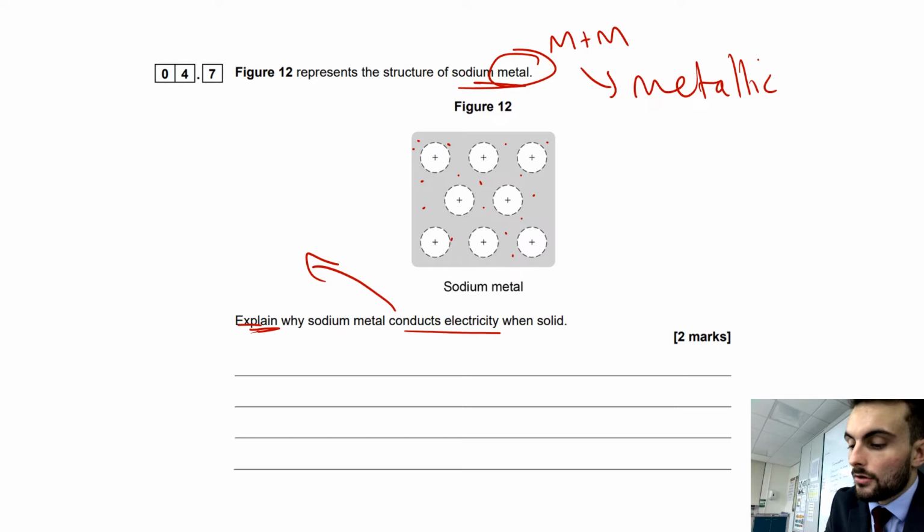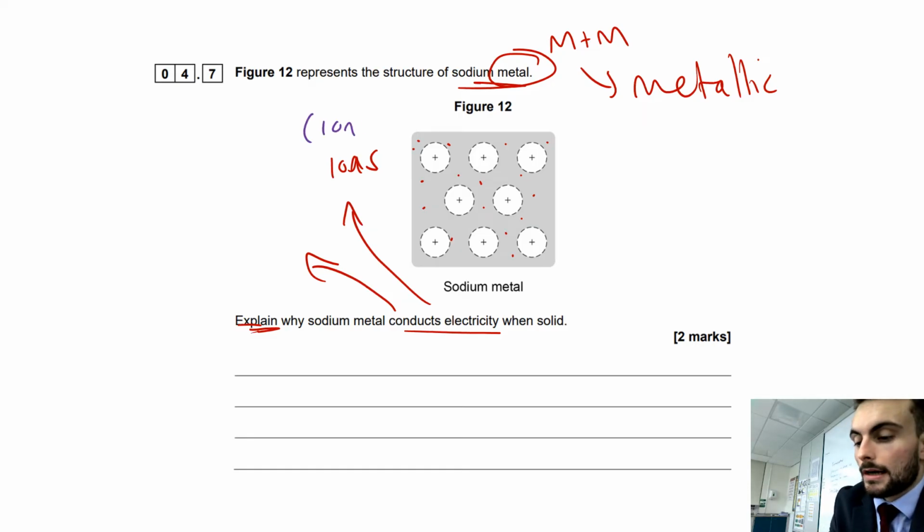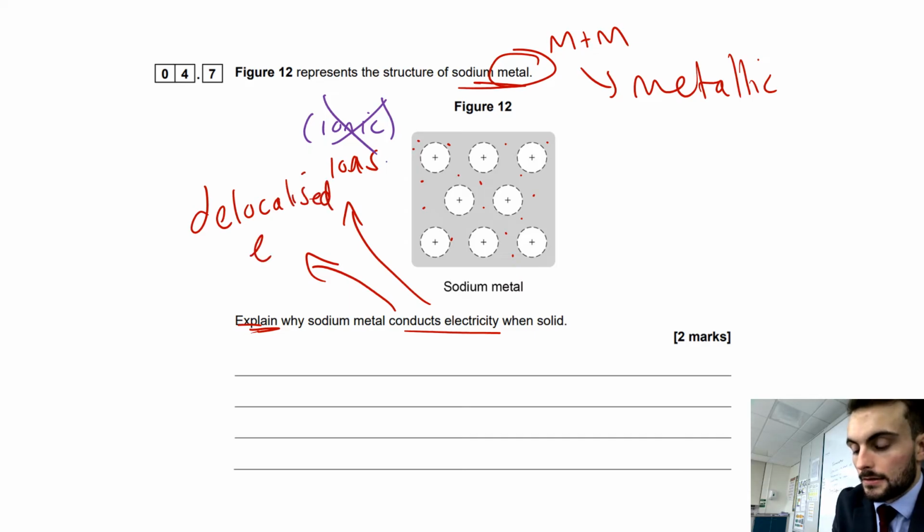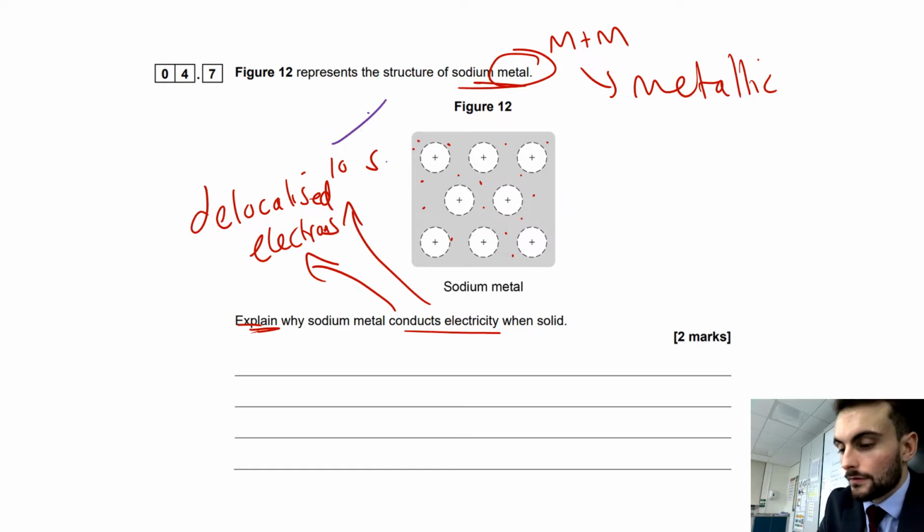Like we said before, possibilities of conducting electricity, we could be talking about ions, but that's only really when we're applying that to ionic bonding, which is not what we're talking about right now. We are talking about metallic bonding, and the other option is delocalized electrons. So first off, we're probably going to need to mention that in there somewhere.